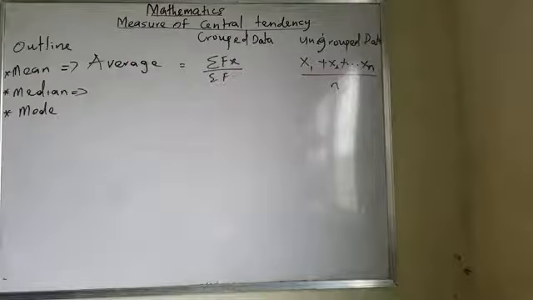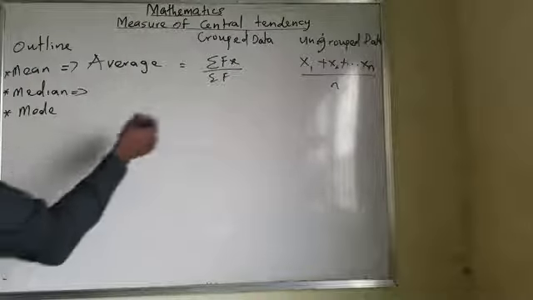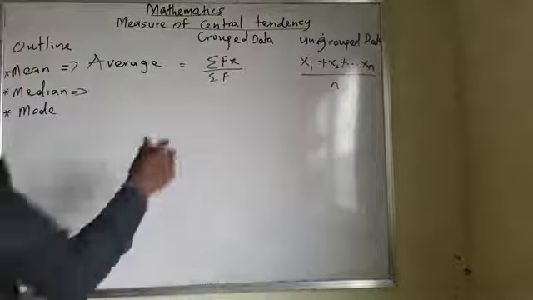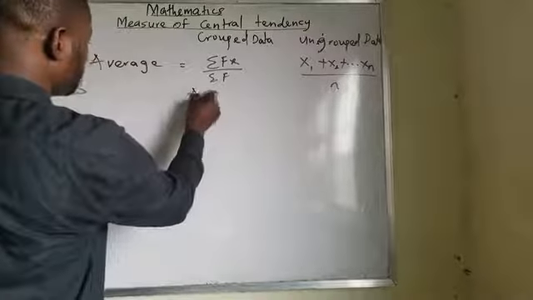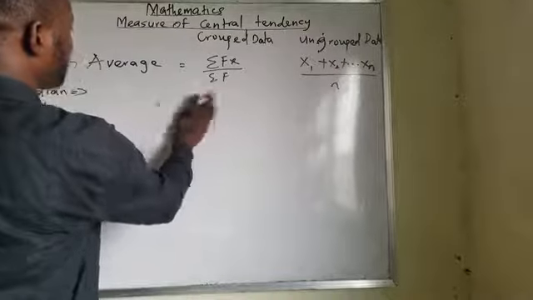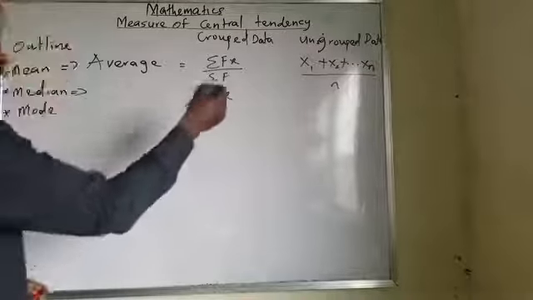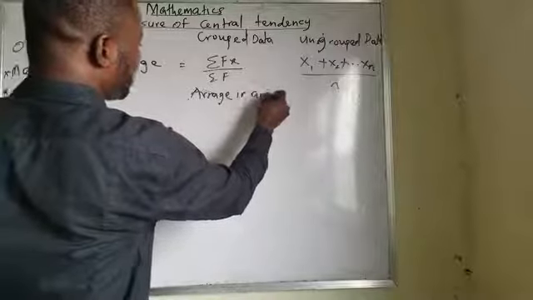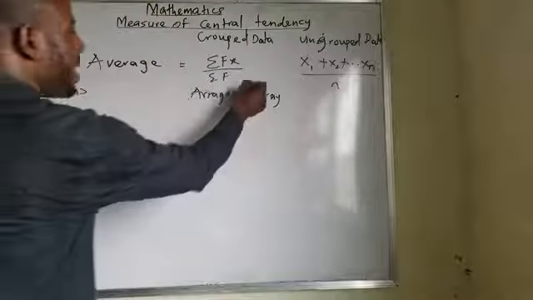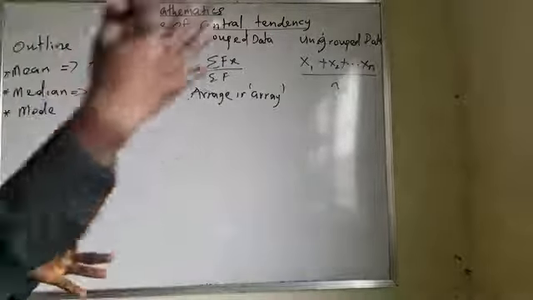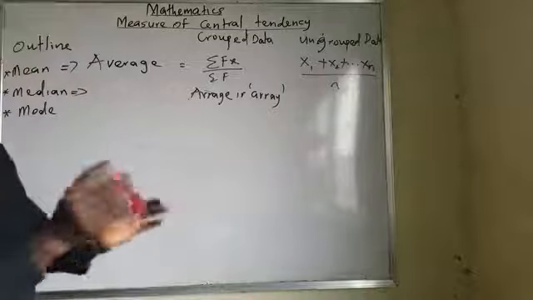Now, median, we always arrange. When it is ungrouped, we arrange in array. What do I mean by array? It can be ascending or descending. It means it must be in array.